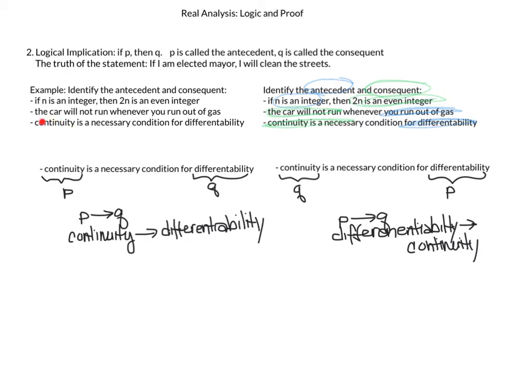Continuous may just be one of the conditions necessary for differentiability. So we're not trying to say in this statement that continuity is sufficient. We're trying to say that continuity is necessary, and that is why I went with P is differentiable, the antecedent, and Q is continuous, the consequent.